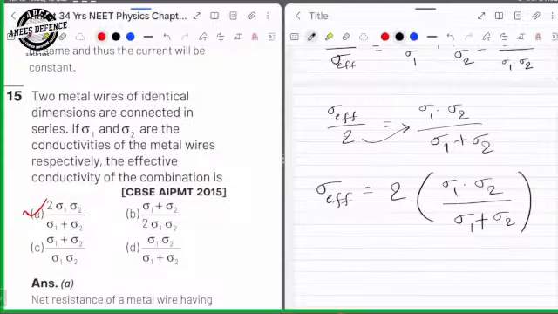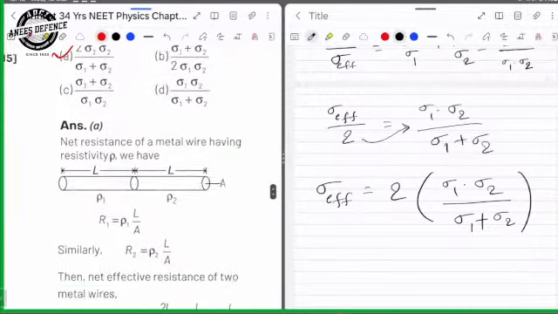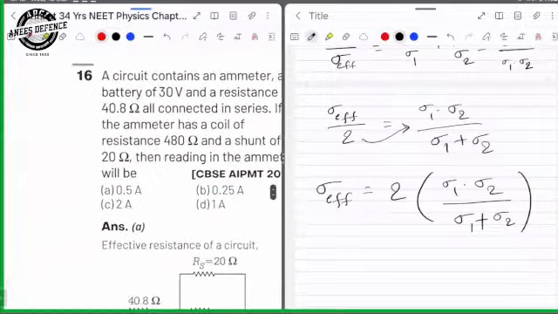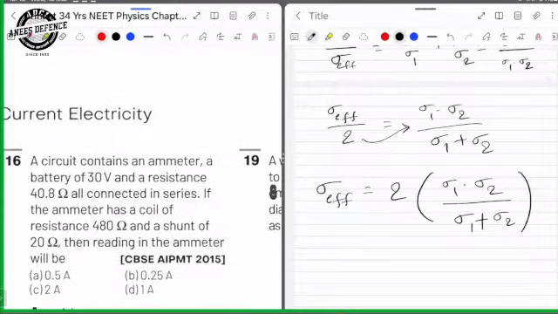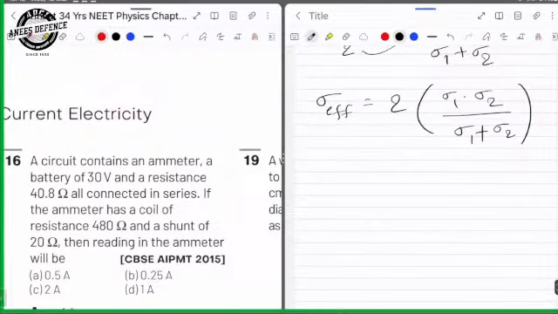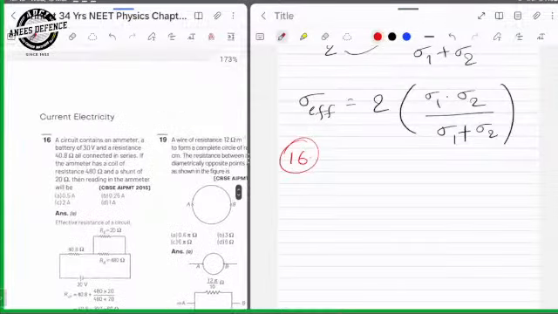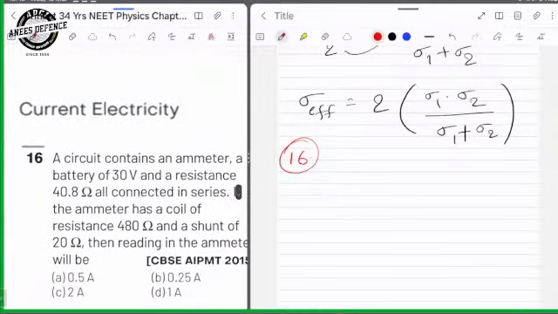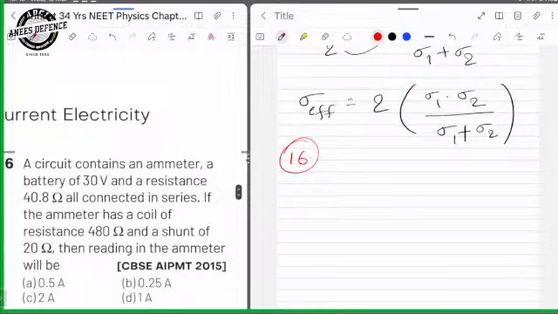Next, question number 16. A circuit containing an ammeter, a battery of 30 volt, and a resistance 40.8 ohm, all connected in series.